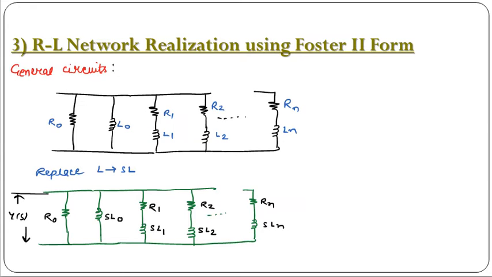What is Y(s)? It will be the sum of all the admittances. Admittance Y(s) is equal to Y1 plus Y2 plus Y3 plus so on up to Yn.